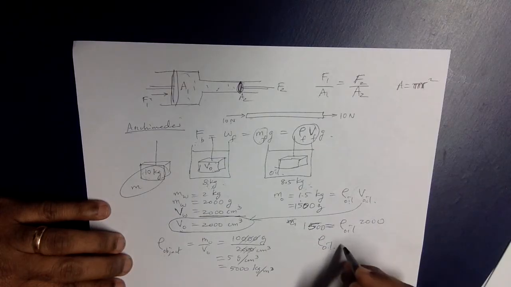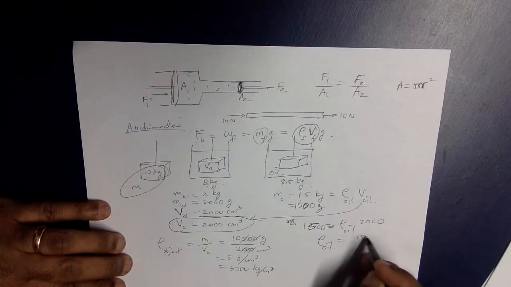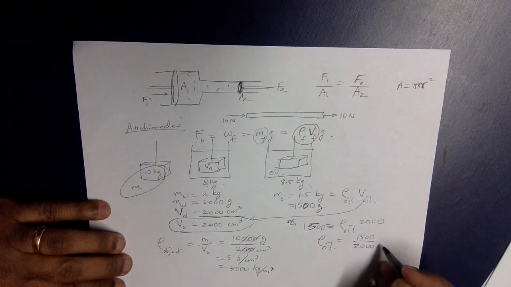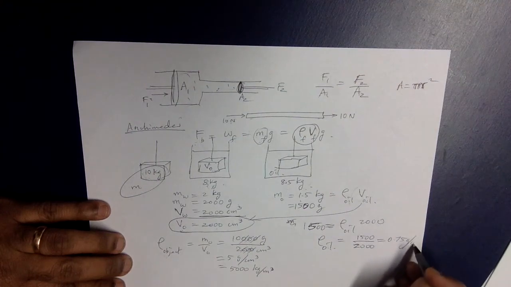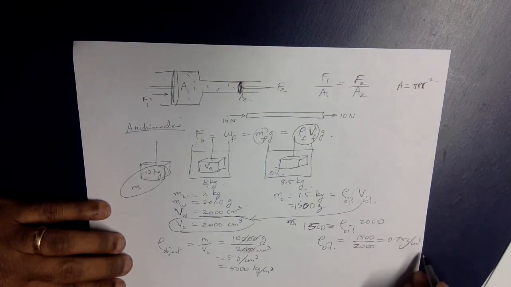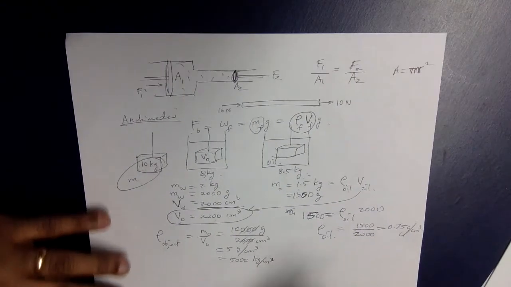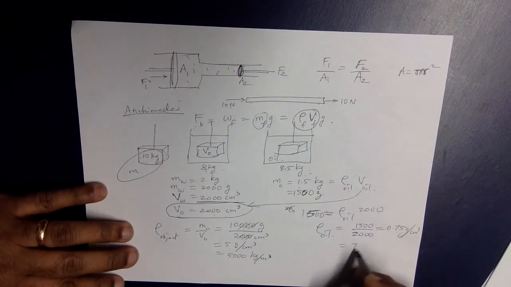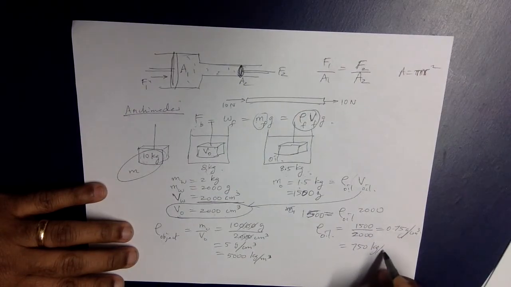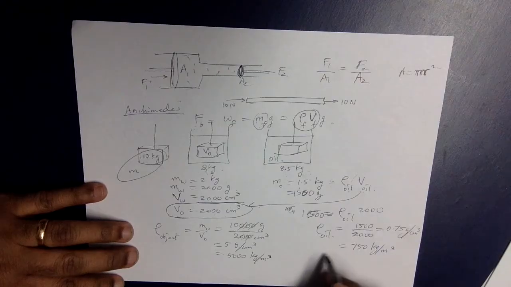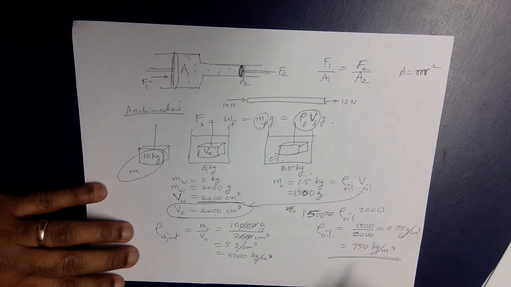So density of oil is 1500 over 2000, and the answer comes out 0.75 gram per centimeter cubed. In terms of kilogram per meter cubed, that is 750 kilogram per meter cubed, because you just multiply by 1000 to change from gram per centimeter cubed to kilogram per meter cubed.